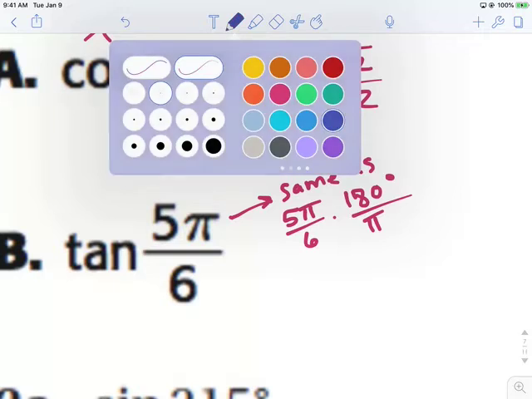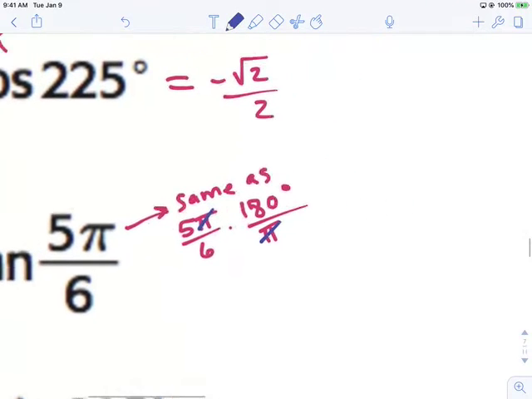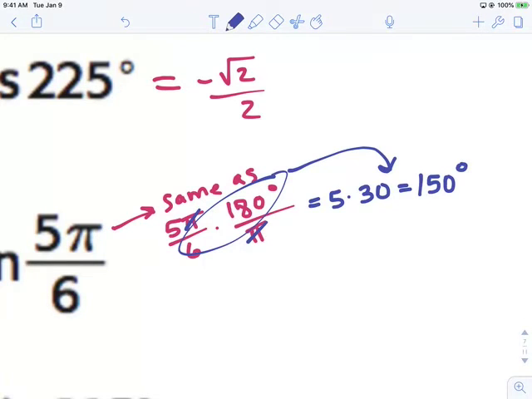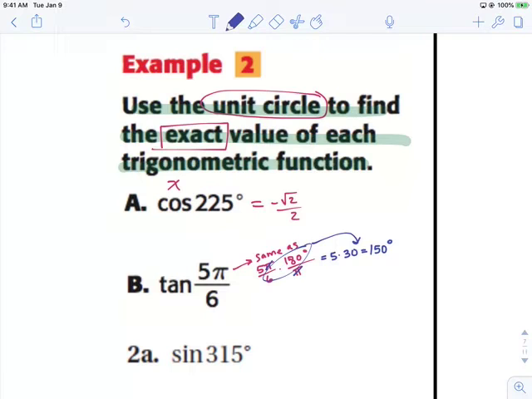So the radians are going to cancel. 180 divided by 6 is what? 30, 60, 90, 120, 150, 180. So this is 5 times 30, because 180 divided by 6 gives me 30. So this gives me 5, 10, 15, 150 degrees. So 5 pi over 6 is the same thing as 150 degrees.